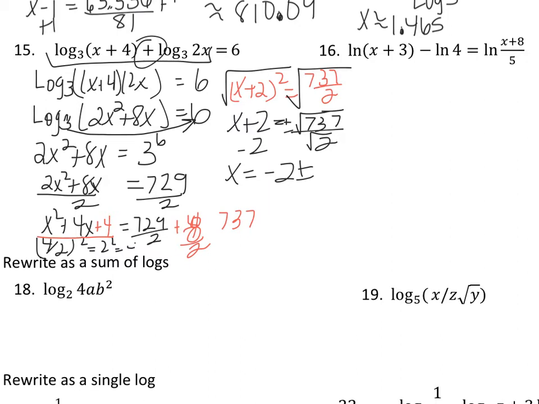These numbers are getting huge. And let's see, 737 times 2, 1474. Square root of that over 2. And the square root of 1474, we're going for a decimal approximation at this point. 38.39.